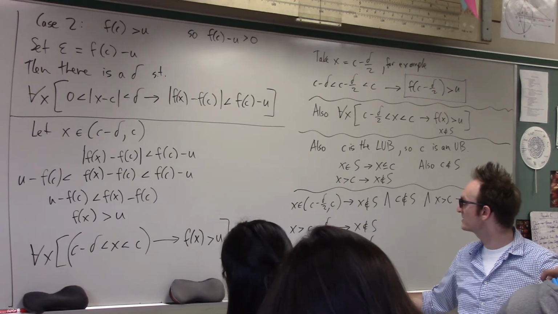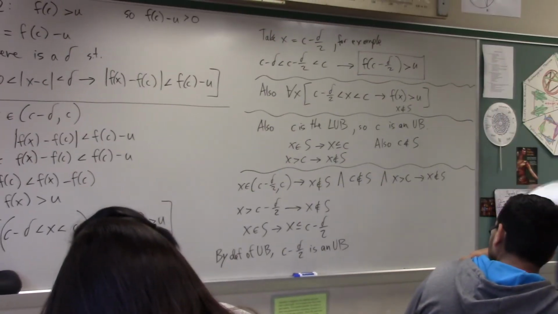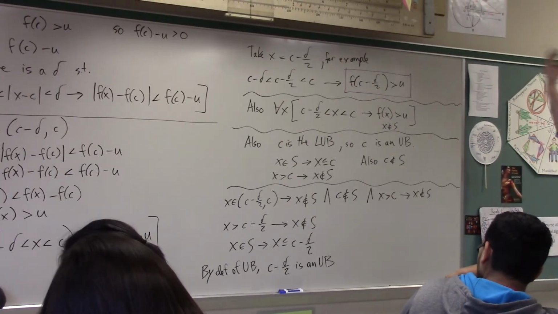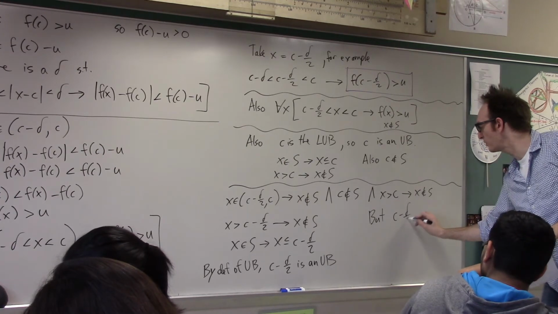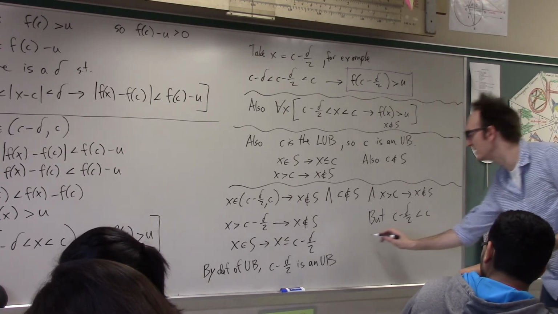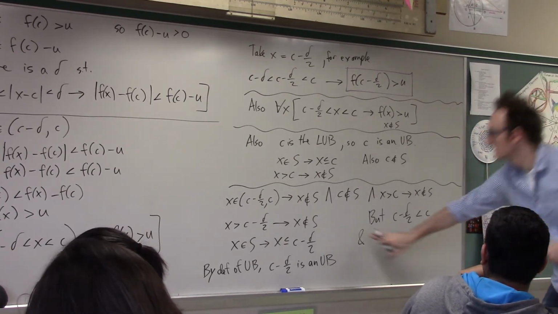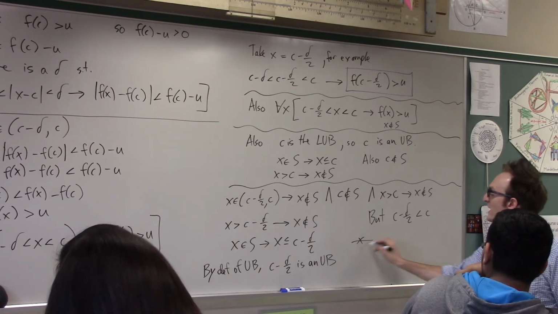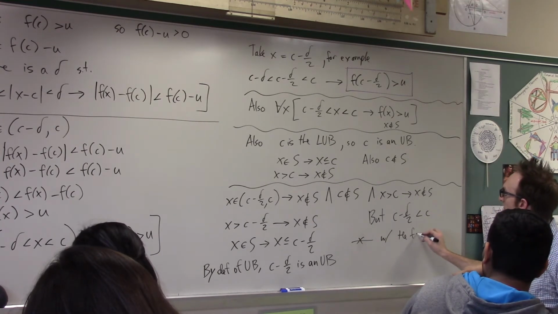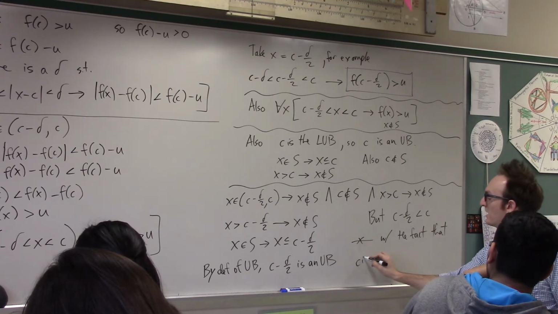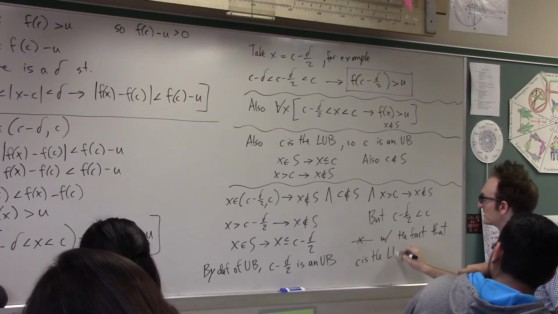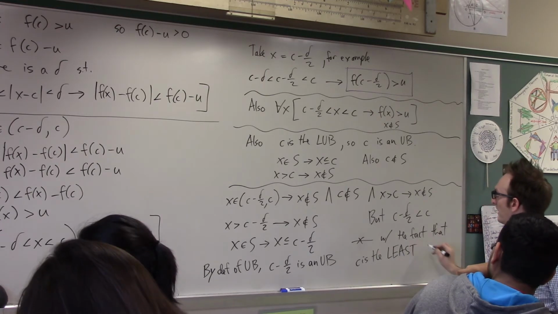And c minus delta over 2 is less than c, so we have a contradiction with the fact that c is the least upper bound.